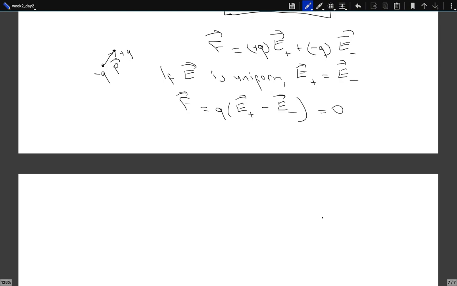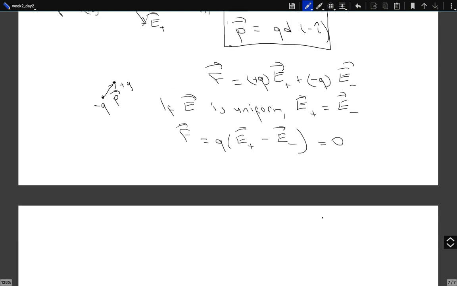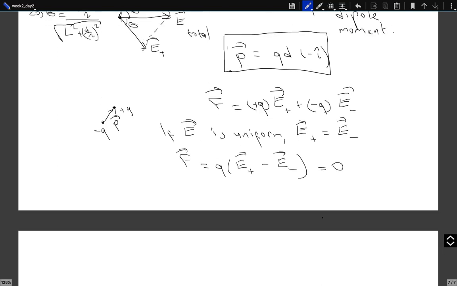In a sense, it can rotate the object. So the analog of force for rotations, do you remember? The torque.